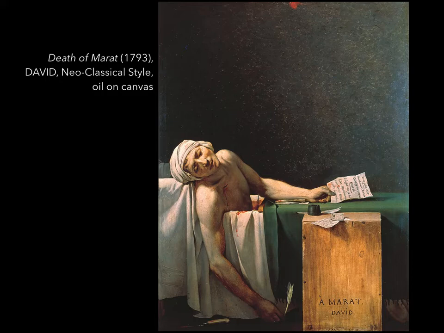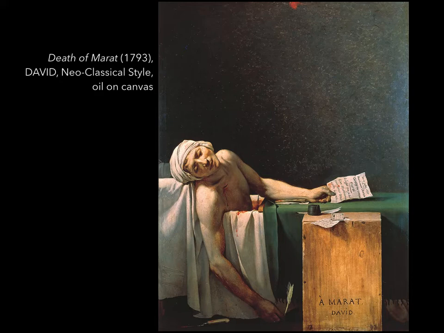He was in the process of writing a letter when an assassin gained admittance, claiming to need to deliver him a letter, and then she stabbed him. So the knife that killed him is included at the bottom, and he shows us this powerful moment of death. Notice the red of the wound, how the blood actually drips in and fills the bathtub. You can see it dripping below as well.